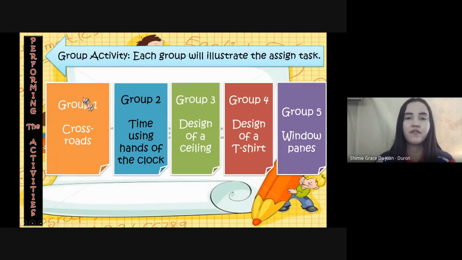For group 1, the orange group, you will illustrate a crossroads. For the blue team, a time using hands of the clock. For the green team, a design of a ceiling. For the red team, a design of a t-shirt. And for the violet team, window panes. So you may illustrate this in a piece of paper or in your notebook. Okay, class? Do you understand?